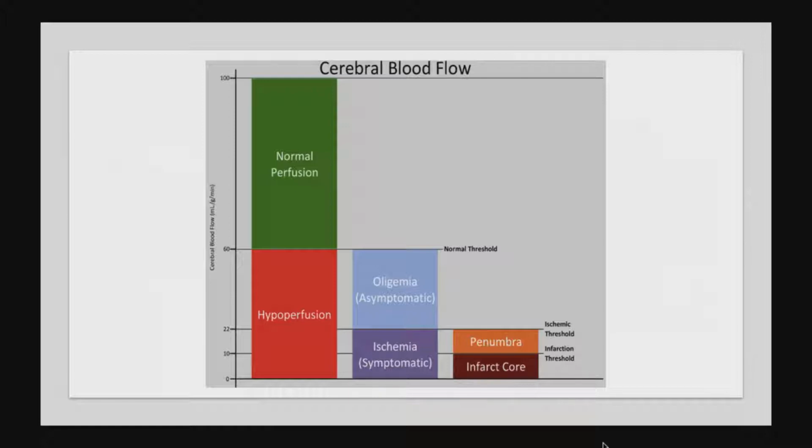This is a diagram from the DAWN trial that showed there's a relationship between time and stroke volume, and that relationship is not linear, it's more logarithmic, where we have a rapid rise in the stroke volume initially, and then that volume will plateau at a certain point.